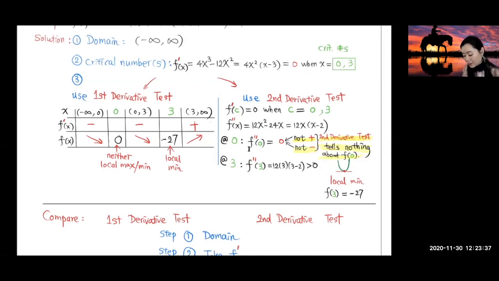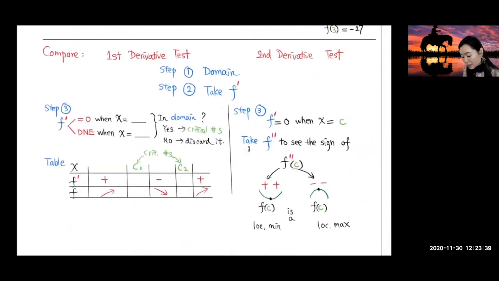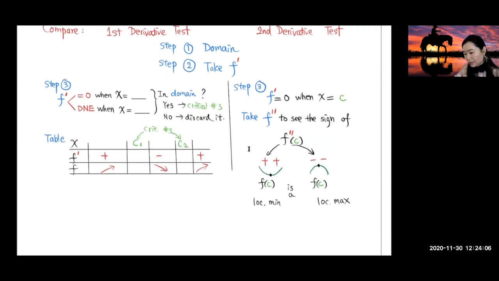Now at the end, I also put them together. I summarize it. The first derivative test and second derivative test both have the first two steps the same: find the domain and take the first derivative. For the first derivative test, you find the critical numbers and use them to make this table, and then you can find local max and local min.